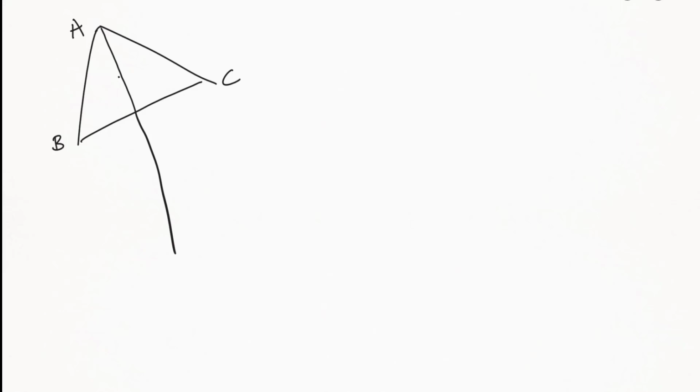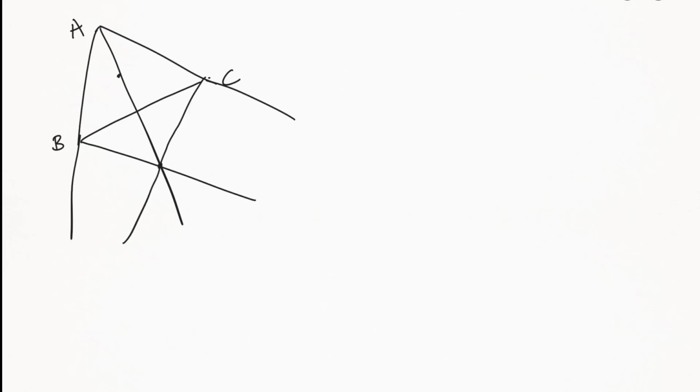Let's understand the concept of excentre. Excentre is very similar to incentre. Ex means outside, in means inside. So this is the incentre, you know, the intersection of the angle bisectors of the 3 angles. If you extend this further and take the angle bisectors of these 2 exterior angles, you will get one point which is the excentre.